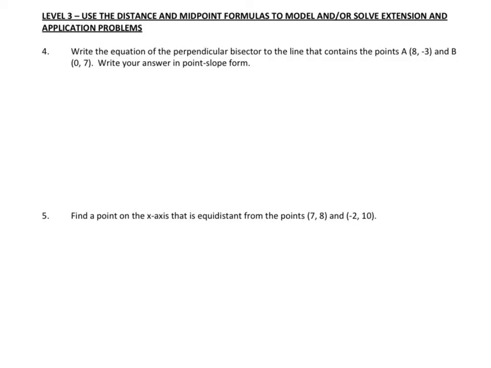A perpendicular bisector to a segment AB, with coordinates 8, -3, and 0, 7, is a line that bisects it at a 90-degree angle.